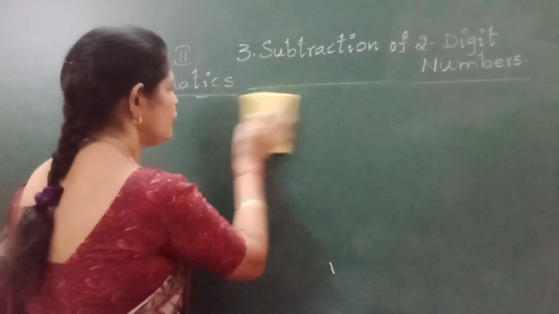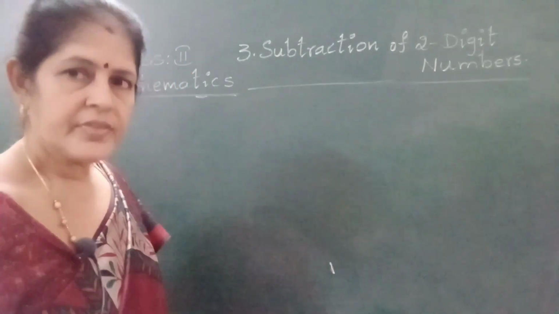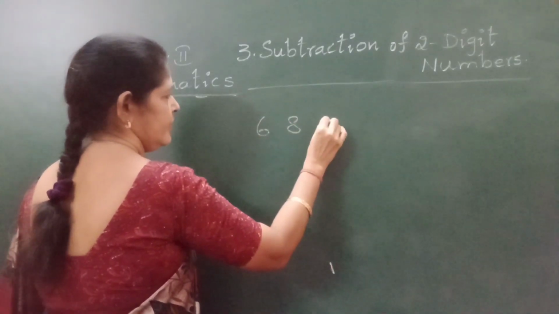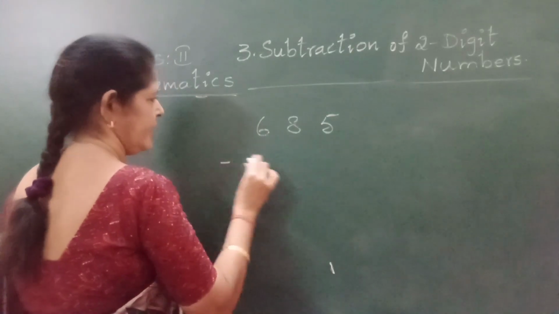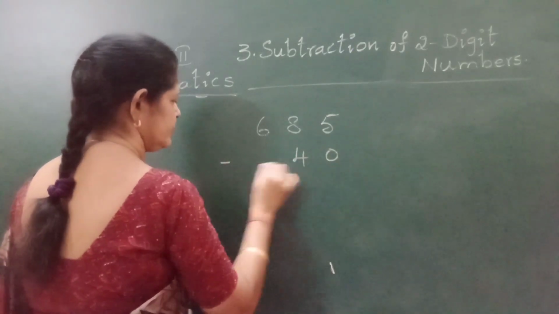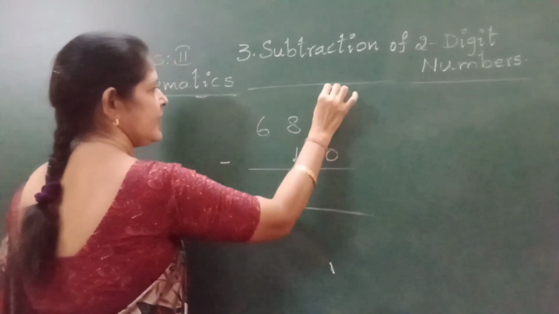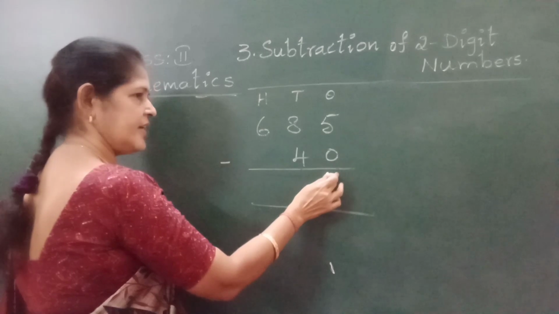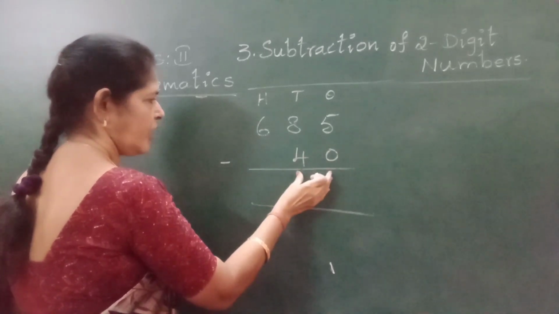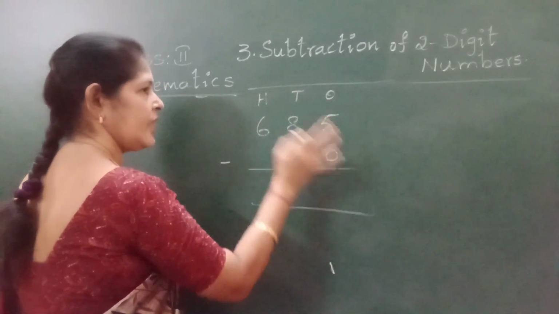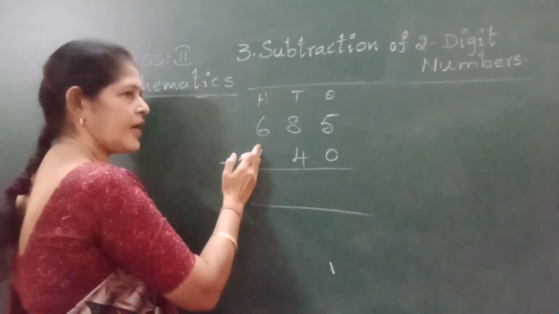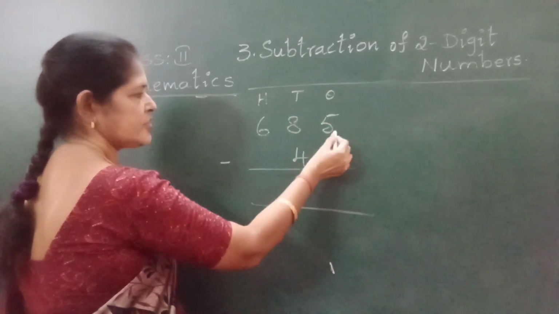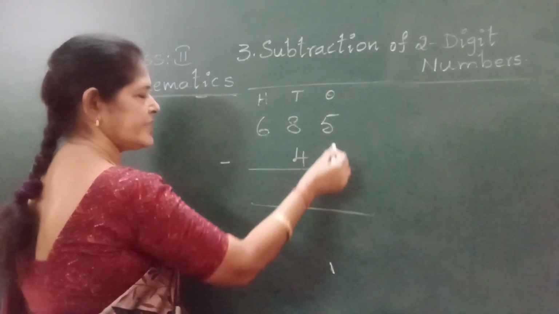Subtraction of 2-digit numbers from 3-digit numbers. 685 minus 40. 685 is a 3-digit number. 40 is a 2-digit number. That's why we write 40 in the tens column and ones column. Don't start from the hundreds column. 2-digit means tens and ones. Now start subtraction from ones. 5 minus 0.